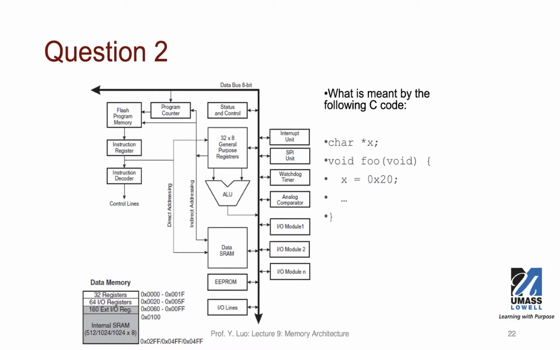Where is it going to be stored? Is it going to be statically allocated space, or is it going to be on the stack? So first of all, what is the size of this variable? Is it 1 byte, or 2 bytes, or 3 bytes, or 4 bytes? Still 1 byte.